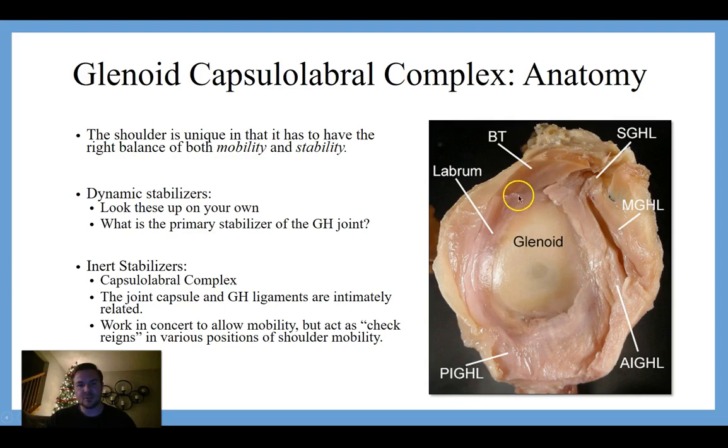You have your biceps tendon at the very top, and then your superior, middle, anterior inferior, and posterior inferior glenohumeral ligaments that help stabilize the joint. So these are your inert stabilizers. Obviously, your dynamic stabilizers are going to be your rotator cuff muscles and deltoid and things of that nature.